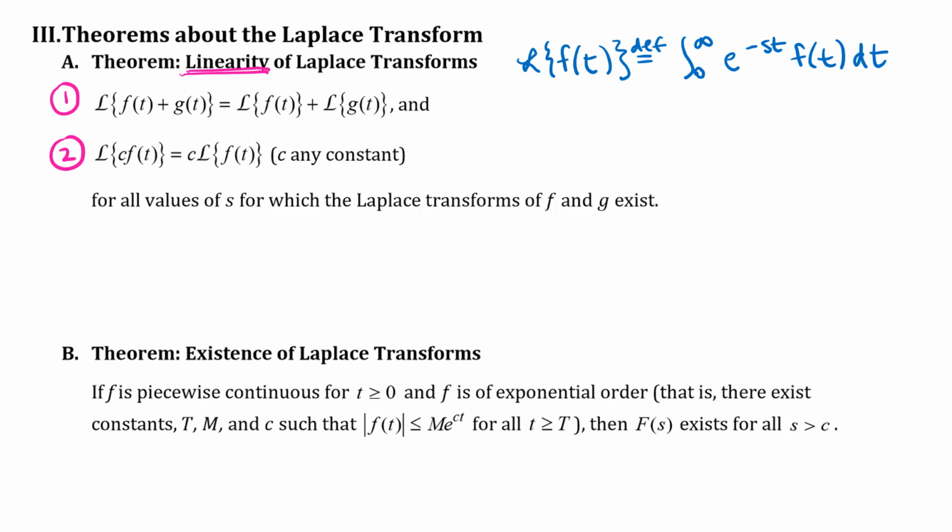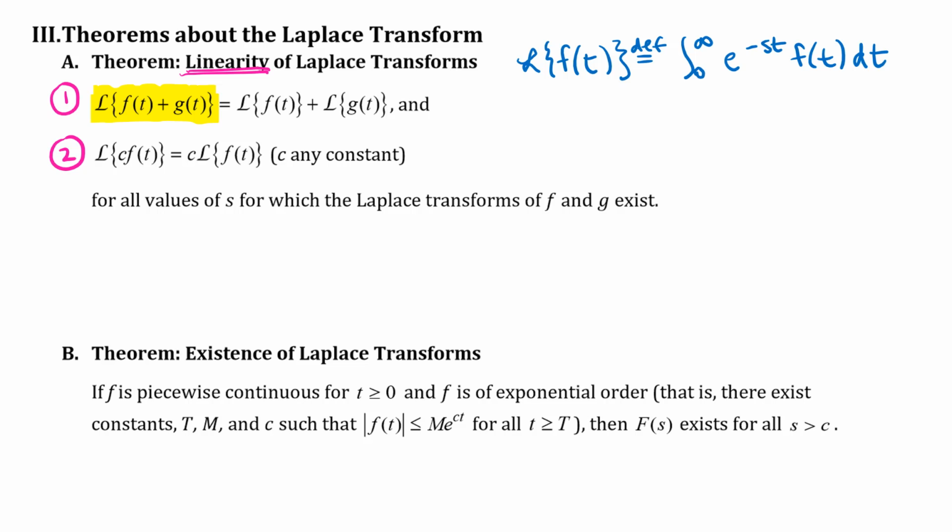So the first part here tells us how to find the Laplace transform of a sum of two functions. Remembering that the Laplace transform is an integral, when you evaluate an integral, you can split that across the addition sign into separate integrals. You have to be a little careful with improper integrals.